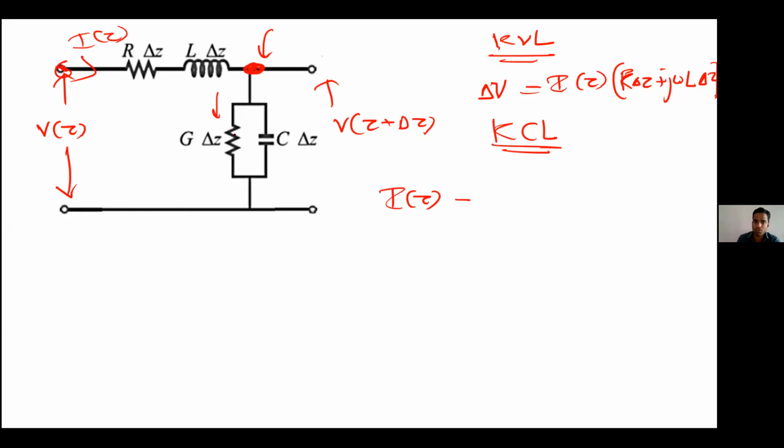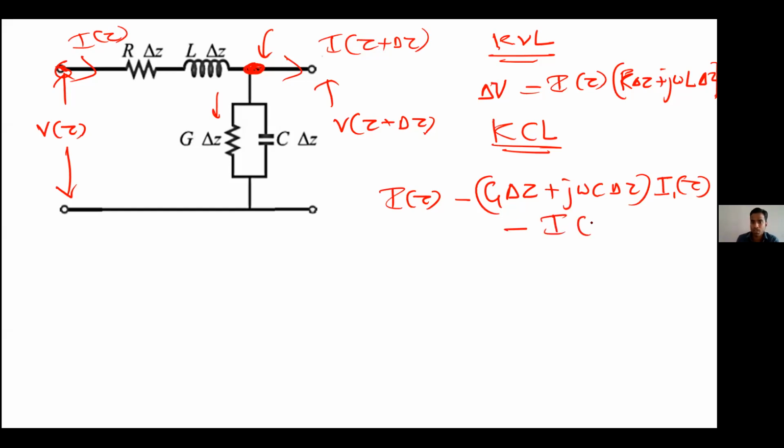So if this is outgoing, suppose this can be negative, so it will be, say, (G Δz + jωC Δz) into I of z, or whatever may be this current, we can assume it to be I1 of z, and here it is I of z plus Δz. So it's outgoing, so it is also negative, so it will be I of z plus Δz. This is equals to 0, right?